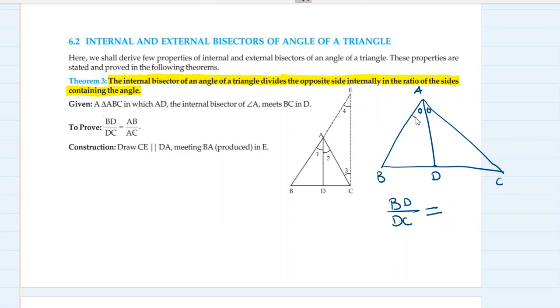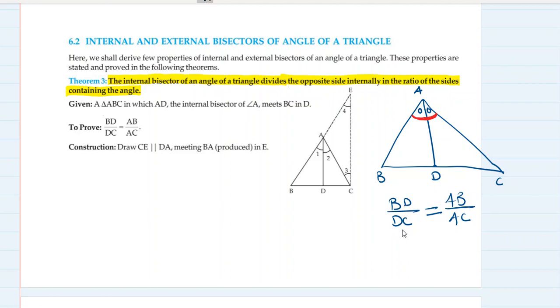We are talking about angle A, which is contained in the sides AB and AC, not divided. So the ratio of AB and AC is equal to the ratio of BD and DC.